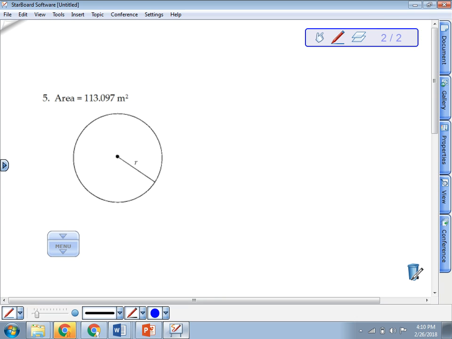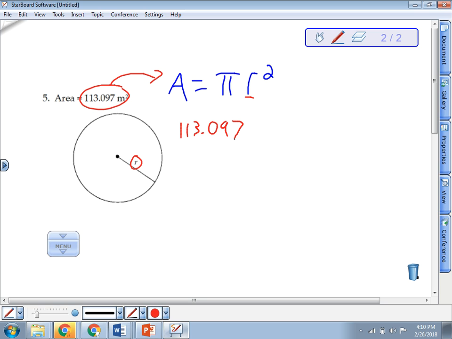Okay, so formula for area of a circle. Area equals pi times the radius squared. Well, turns out all we know is the area, but we don't know the radius. But we do know that area is 113.097. So I'm going to say 113.097 equals pi times the radius squared. Well, I want to find the radius, so I divide each side by pi.